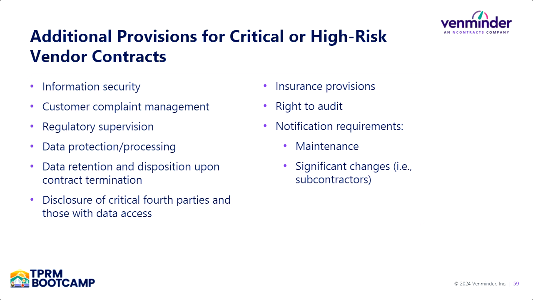You probably want some insurance provisions, some minimum insurance requirements with these high-risk and critical vendors, your right to audit that they are performing as they say they are performing for you, and then some notification requirements that you may not have otherwise around maintenance specifically, since this is a critical vendor, and around significant changes, especially as it relates to subcontractors, but other changes as well.